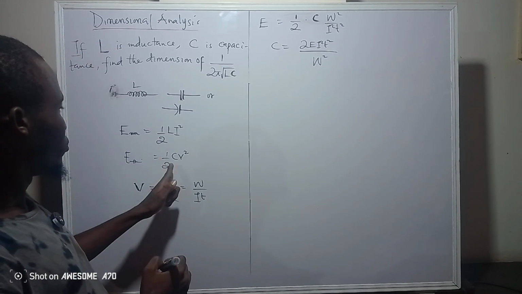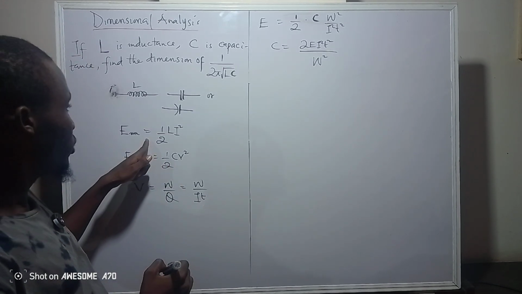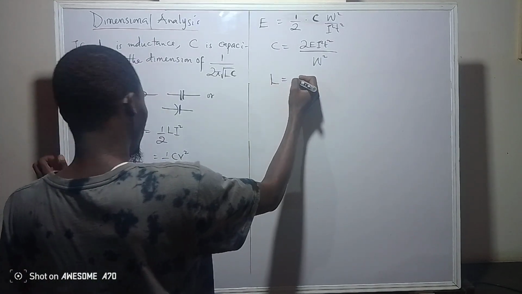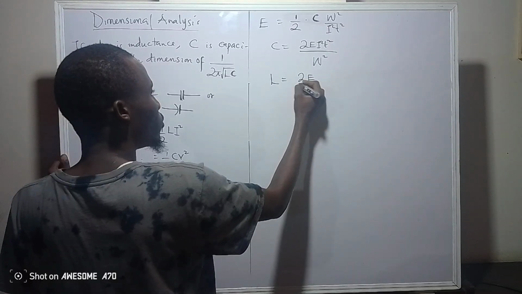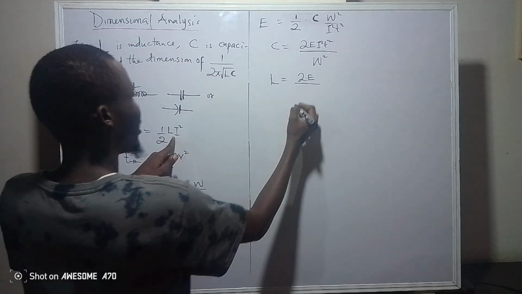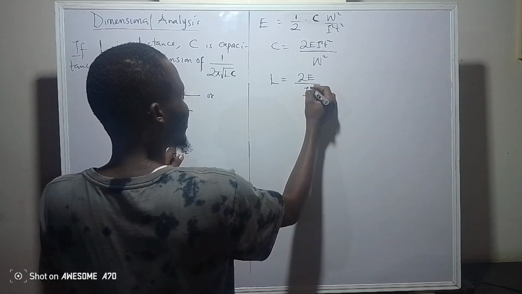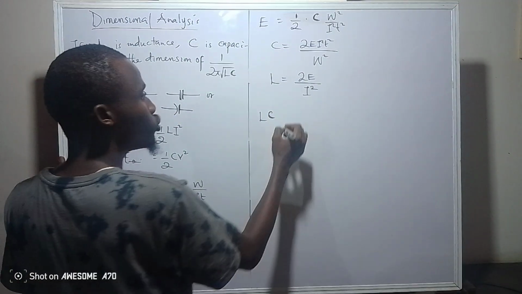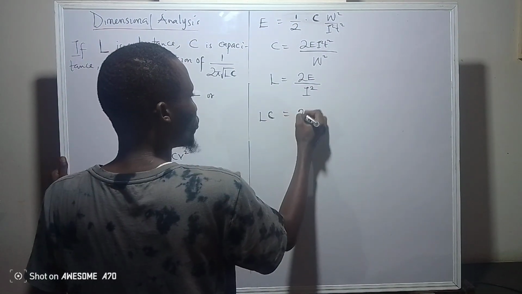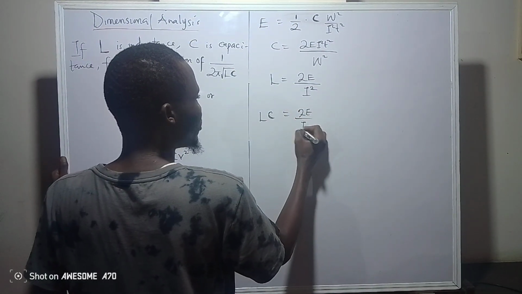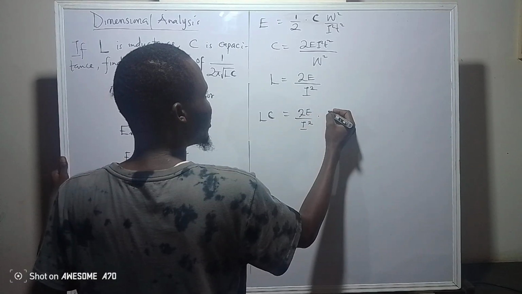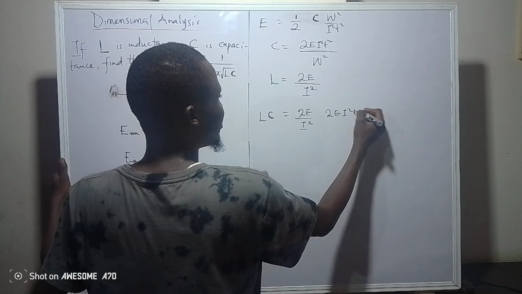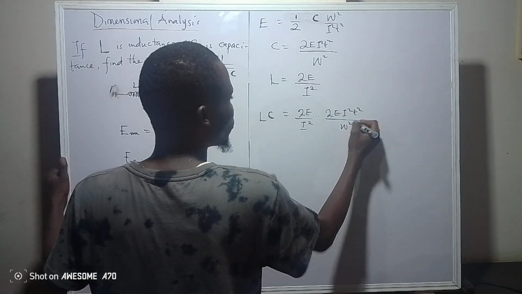So we can come back to the energy stored in the inductor as well. Our inductance L will become 2E over I squared. So we can find LC separately first. Our LC, the product of that, becomes 2E over I squared times 2E I squared T squared over W squared.